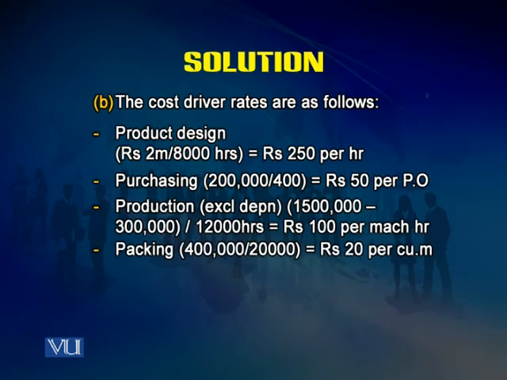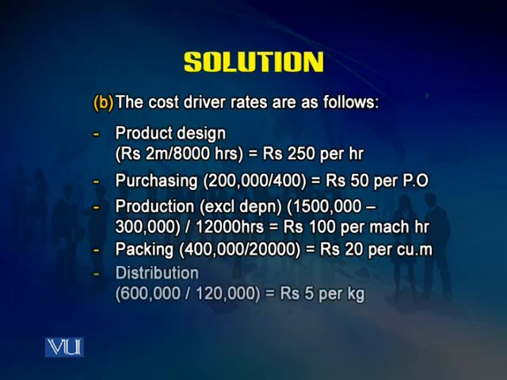For packing, the total cost was 400,000, and 20,000 is the volume. The volume is in cubic meters. We have total volume of 20,000, which is going to cost 400,000. So the cost driver rate for packing is rupees 20 per cubic meter. Distribution cost 600,000.